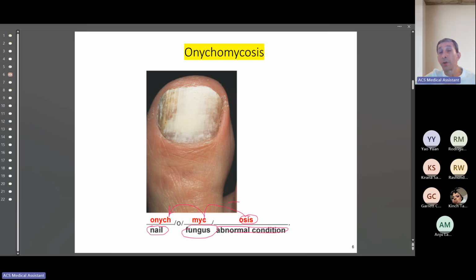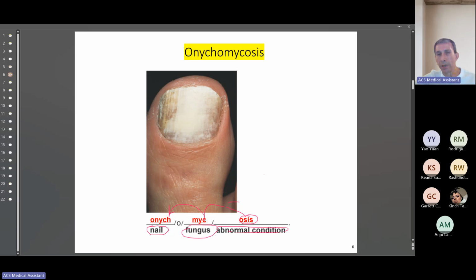So the first thing when I read the medical term, we start with the suffix. Don't worry about the other ones. The other ones, you accommodate them accordingly. But when interpreting, defining medical terms, we start all the time from the suffix. Don't forget about this. These are national exam questions. Onychomycosis. Remember, osis means an abnormal condition.